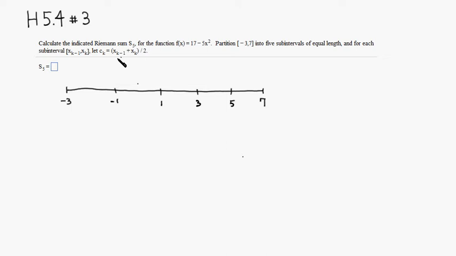Right, and c_k, so c1 is just a midpoint, which is here, so this is -2. And c2 would be 0, and c3 would be 2, and c4 would be 4, and c5 would be 6 there.